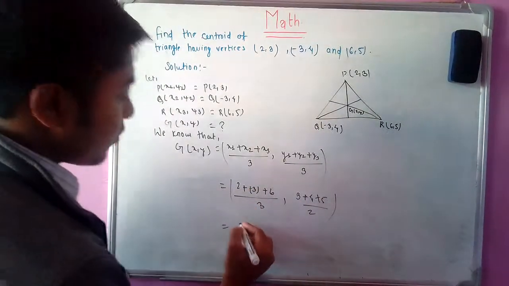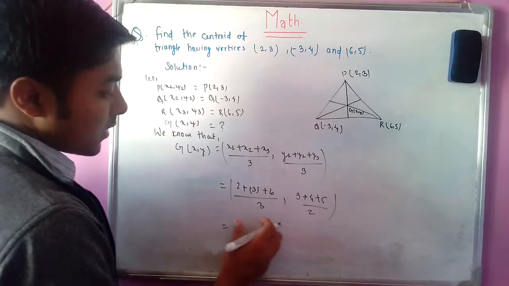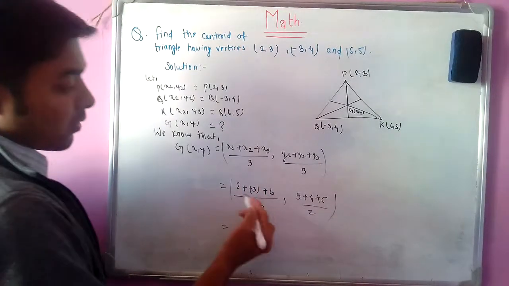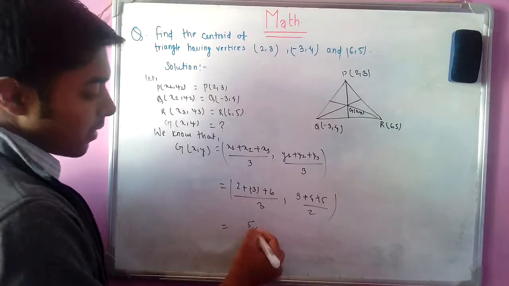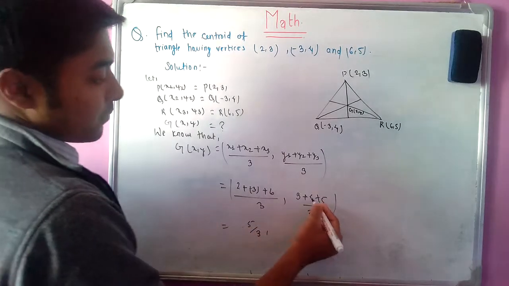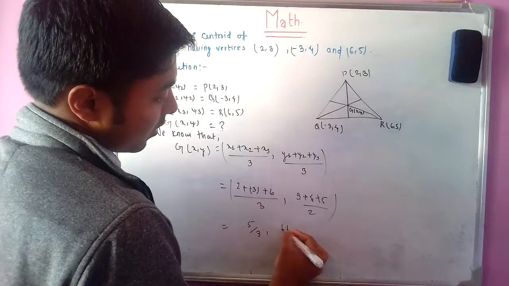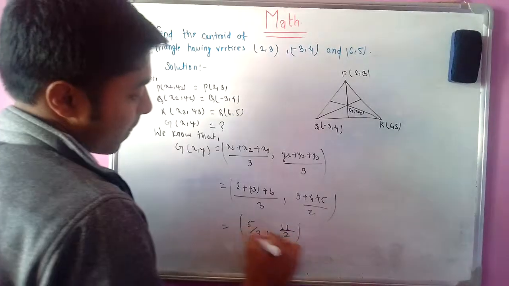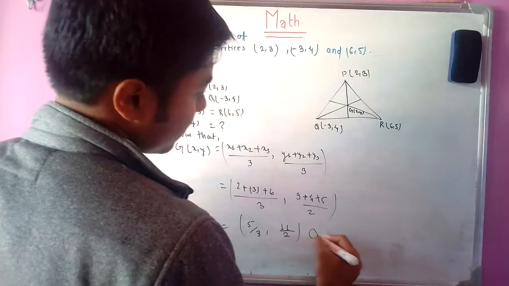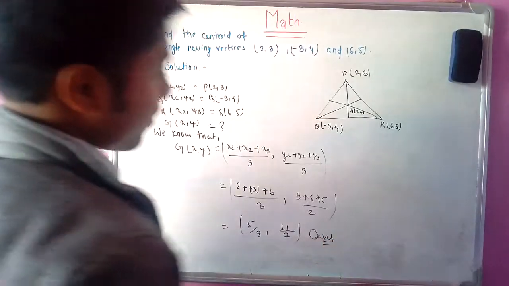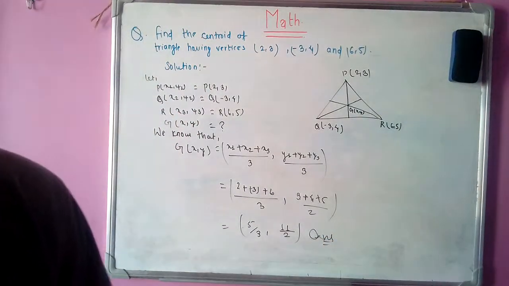Then 2 minus 3 plus 6 is 5 by 3, and 3 plus 4 plus 5 is 12 by 3. This is the centroid of the given triangle.